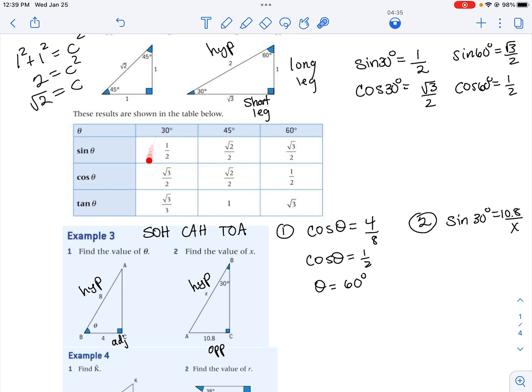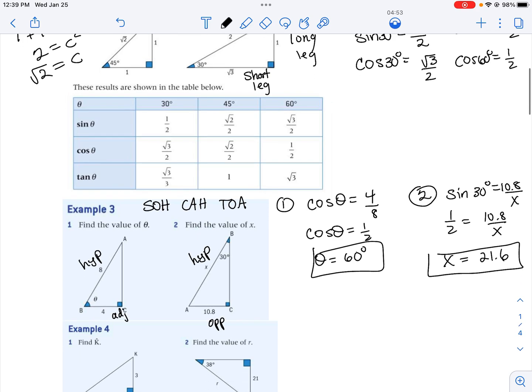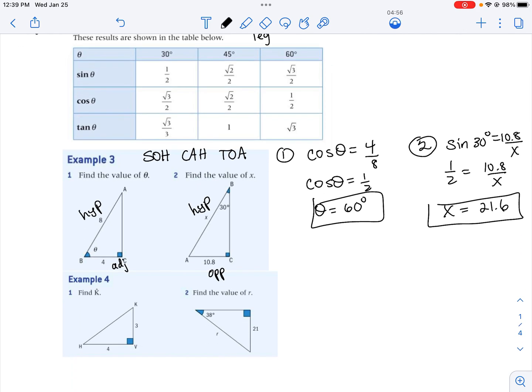Well, if you remember your special right triangles, the sine of 30 is 1/2. And so then x is 21.6. So this is how you can use special right triangles.